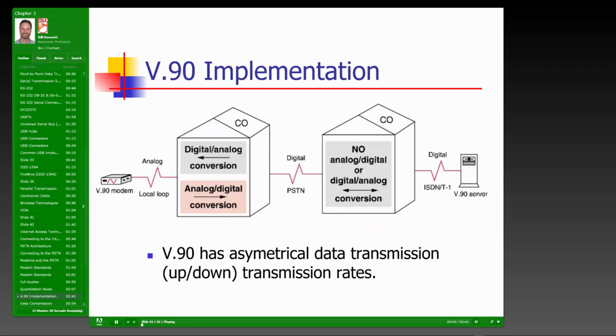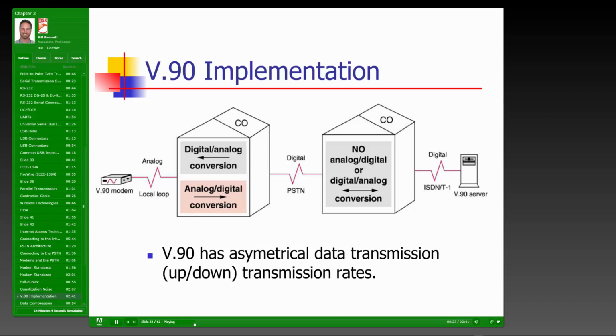And so here is the V.90 implementation in modems, and you're going to see here that the trick is we don't have as many conversions as we used to from analog to digital and back again, and so it reduces that problem of quantization noise and gives us more throughput.